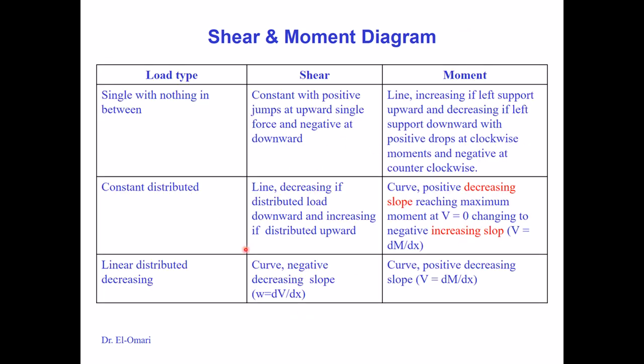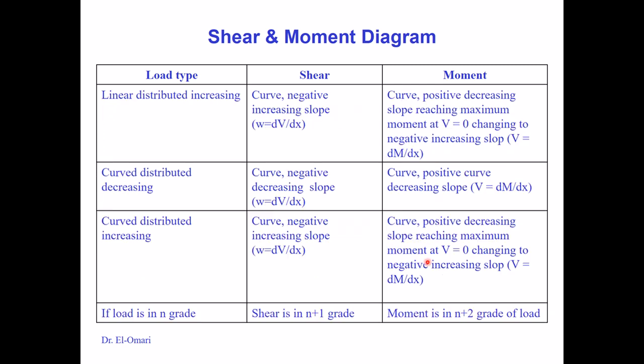If you can review these two important slides about the tables, they explain the shape of the line and the relation. In summary, if the load is of degree n, then the shear is degree n plus 1, and the moment is degree n plus 2.